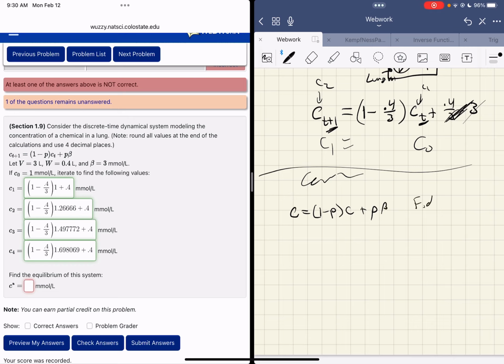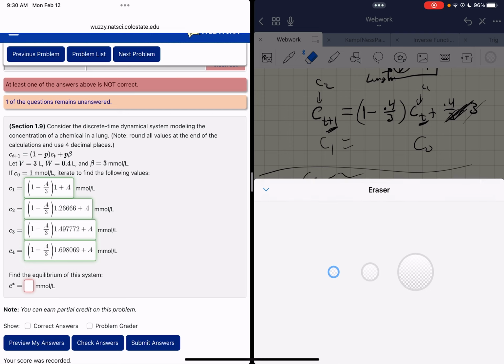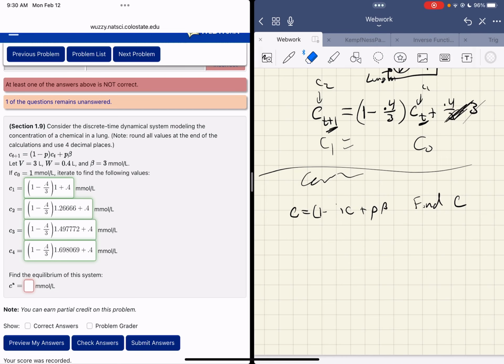And then we could find c. Okay, and remember, all of these actually have numbers, except for c. What I mean is this is 0.4 over 3. Same with right here. Okay, this is 0.4 over 3. And wait a second, beta is 3. Those are gone. Okay, so this is actually just plus 0.4.